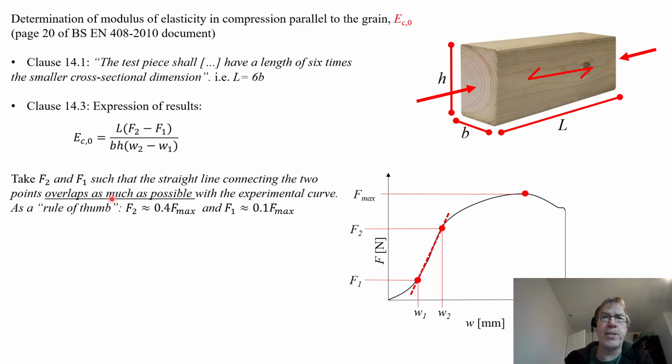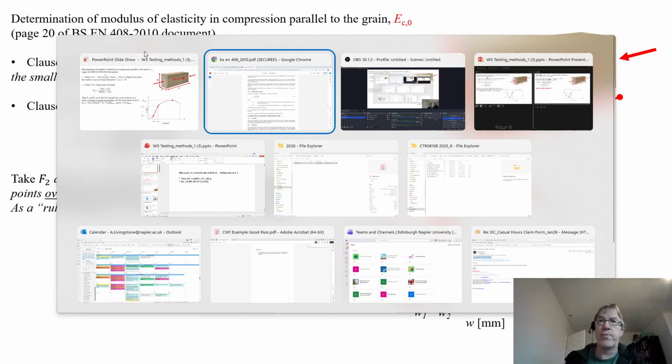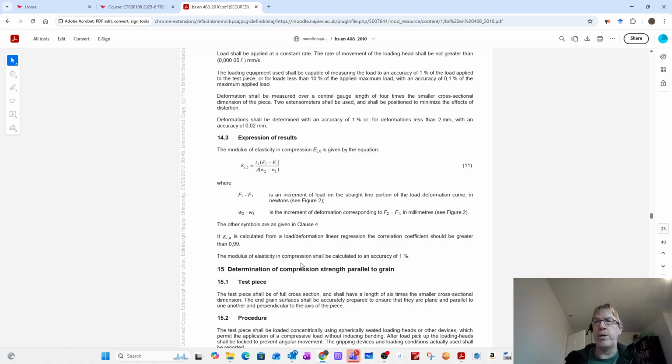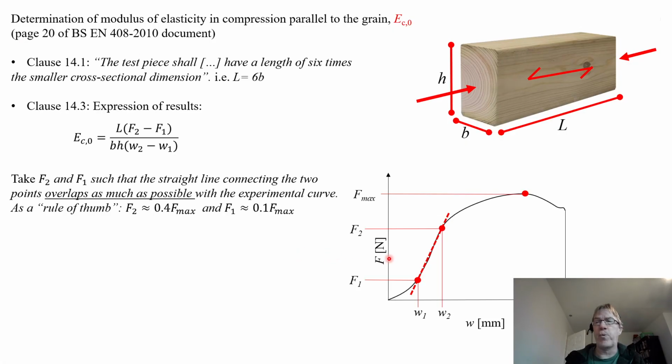So we can see here it says, such that the straight line connecting the 2 points overlap as much as possible with the experimental curve. Now what that means is, within the document BS EN 408, this document here which we showed you before, there is a caveat to where that overlap as much as possible is acceptable or not.